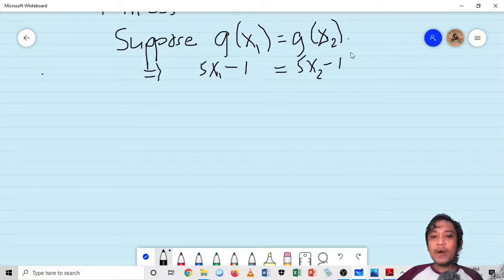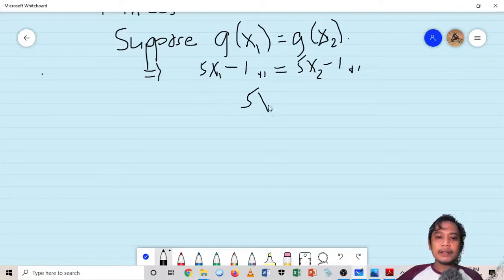Okay, so if we add 1 to both sides, plus 1 here, then add also 1 here. So this would be negative 1 plus 1, 0. 0 plus 5x sub 1 would be 5x sub 1 equals 0 plus 5x sub 2, which would be 5x sub 2.